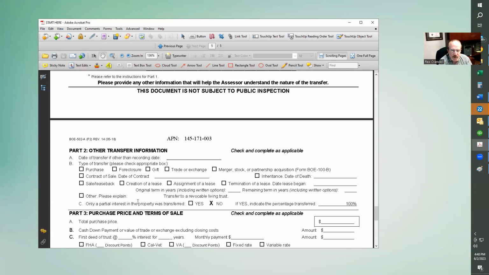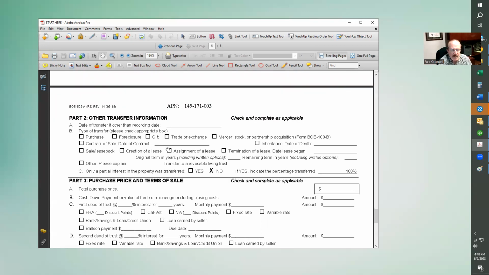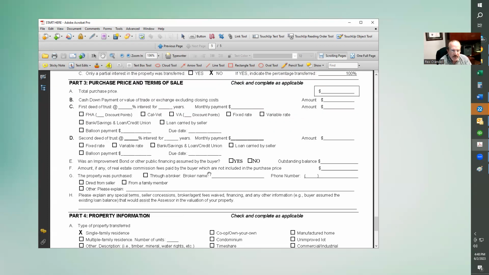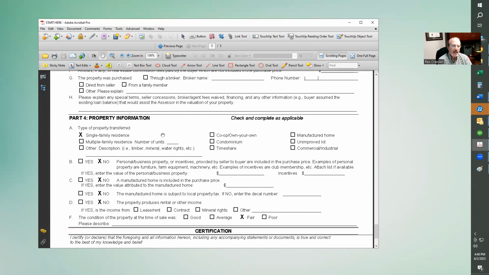Then on page 2, a lot of this doesn't apply. Put the parcel number. Is a partial interest being transferred? No. If you were buying the property, you would list this section. This page 2 of what we call the preliminary change of ownership, everybody calls it PCOR.